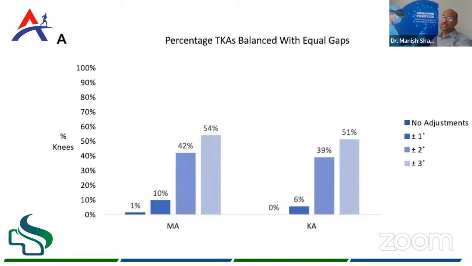The percentage of TKAs which achieved equal gaps with mechanical and kinematic alignment: as you can see here, even with a plus minus 3, it is only close to 50% that equal gaps could be achieved.